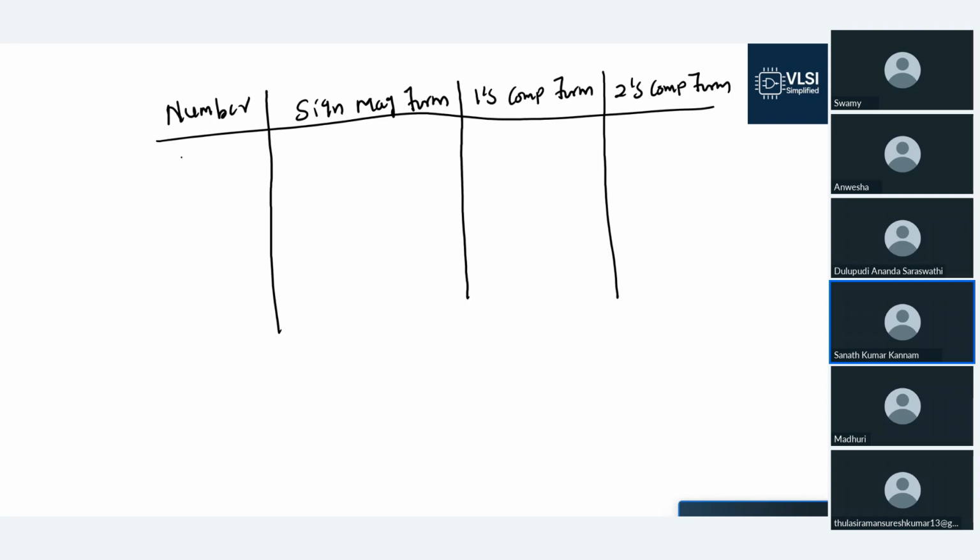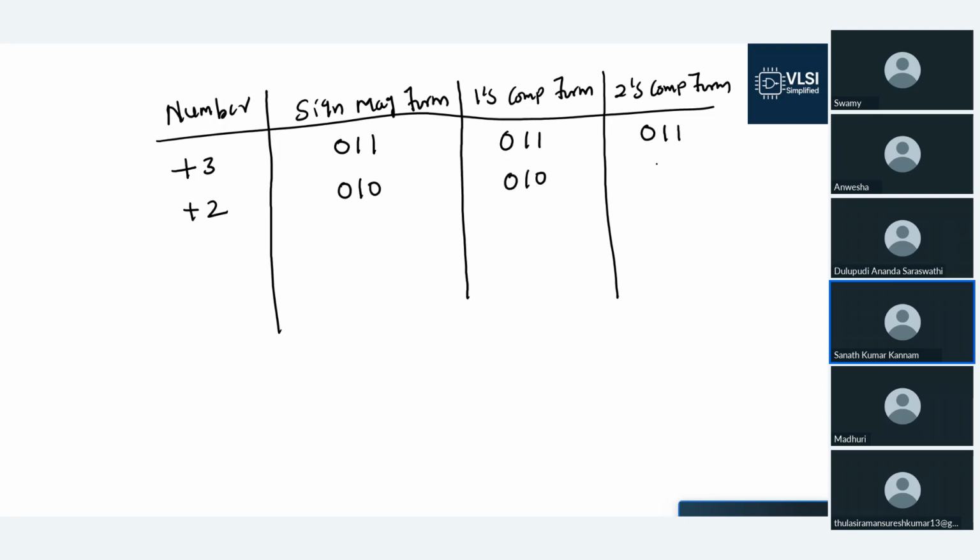Okay, so for plus 3, how are we representing it in sign magnitude form? Suppose it is in 3 bits: 0, 1, 1. For plus 2, we represent it as 0, 1, 0.